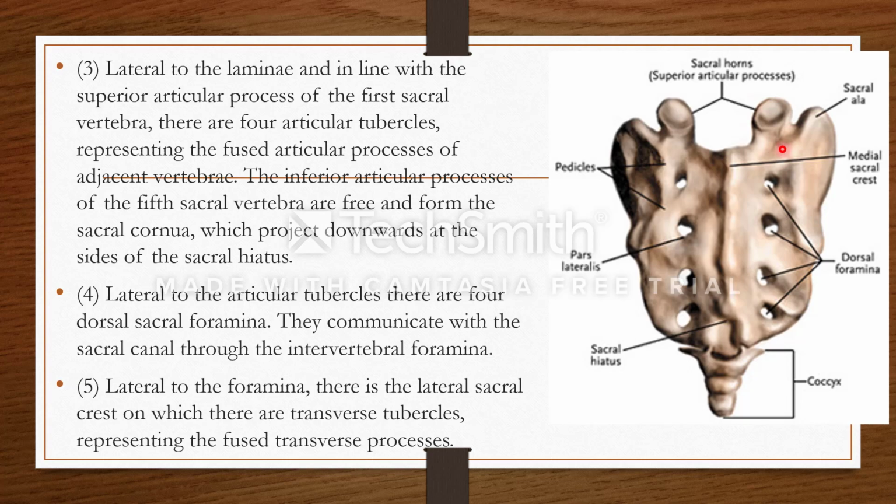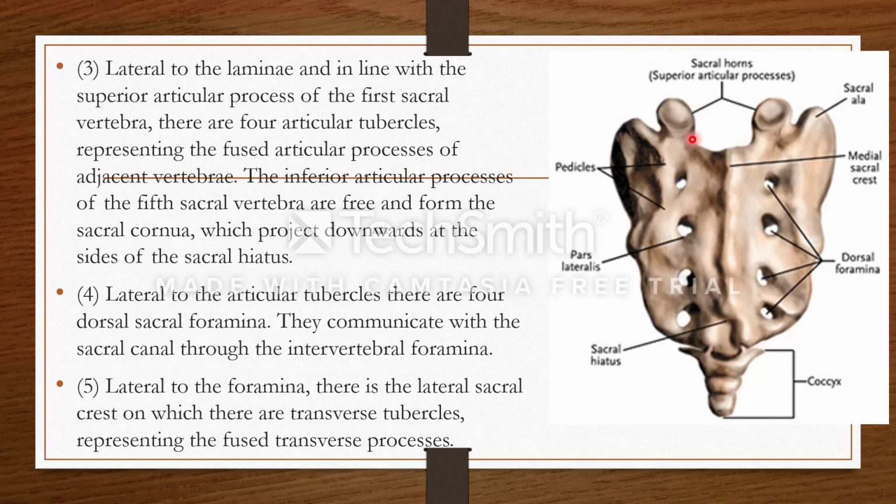Below that process there are 4 articular tubercles representing the articular processes of the adjacent vertebrae. These 4 articular tubercles show the fusion of the superior and the inferior articular processes of the sacral vertebrae.